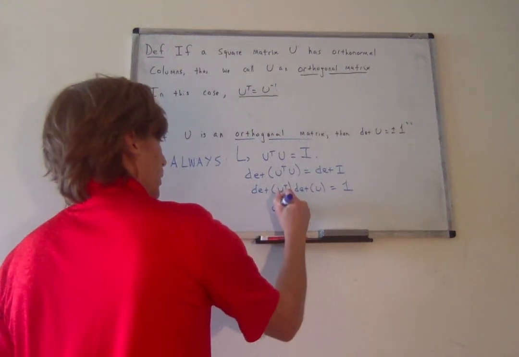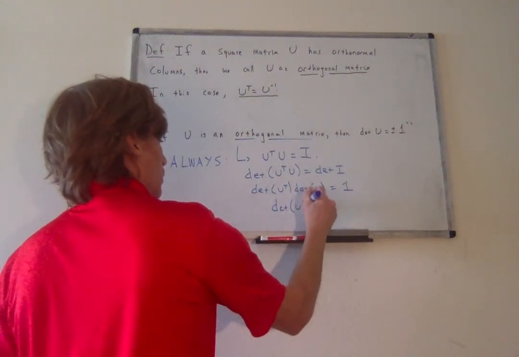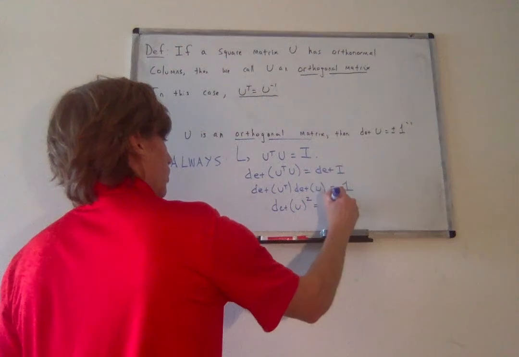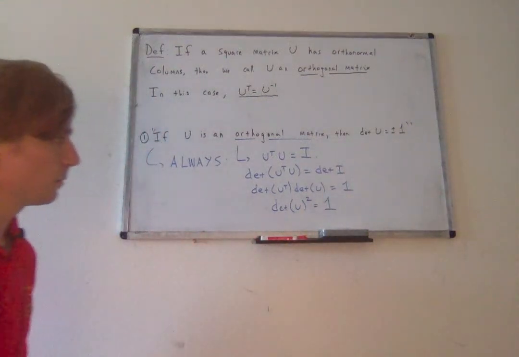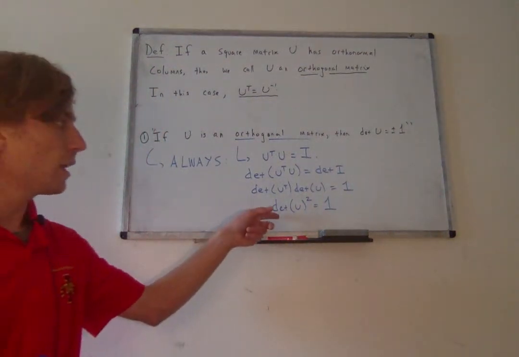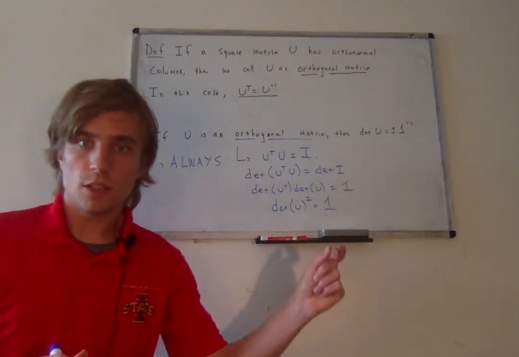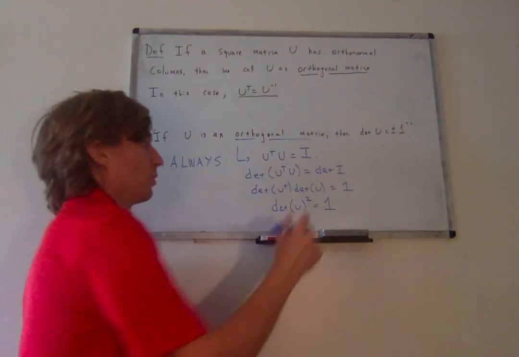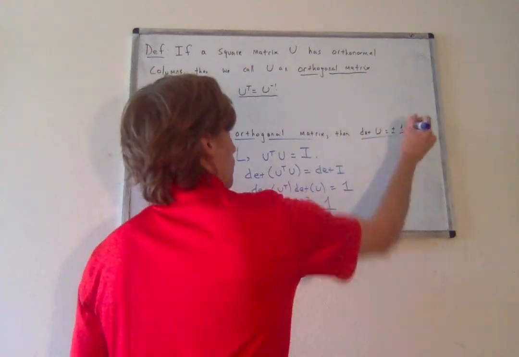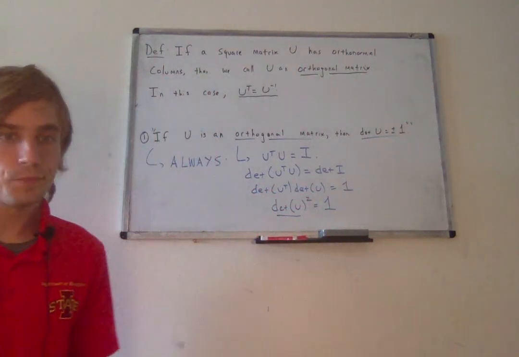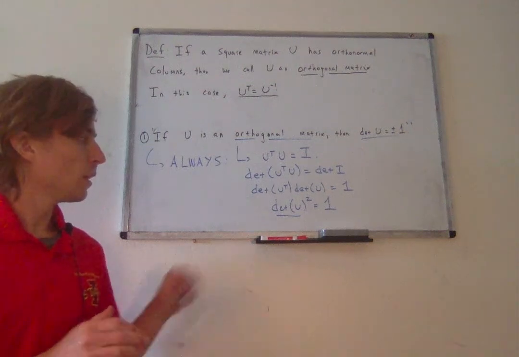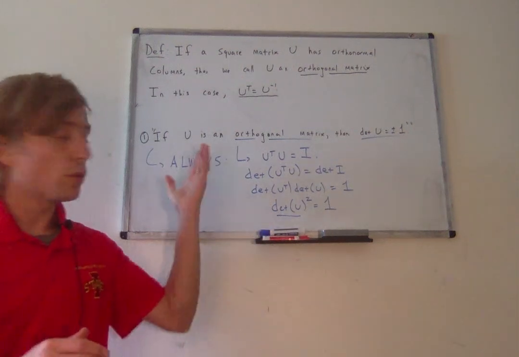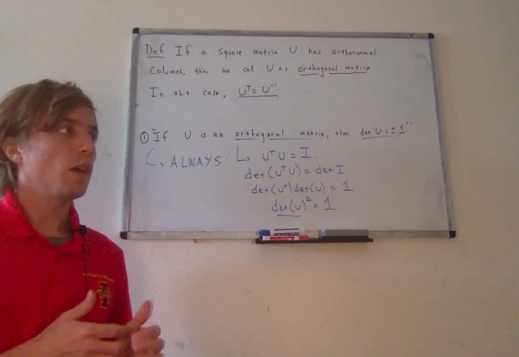So I could replace this with, if I wanted to go a step further, the determinant of U squared is equal to 1. But notice I've got a number times itself that is equal to 1. That's only possible if this number is equal to plus or minus 1. So statement 1 is always true.